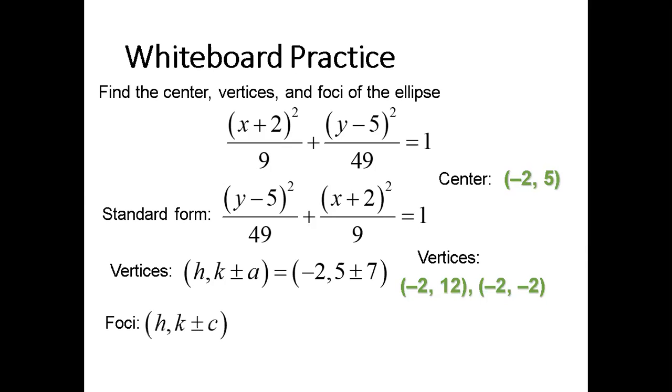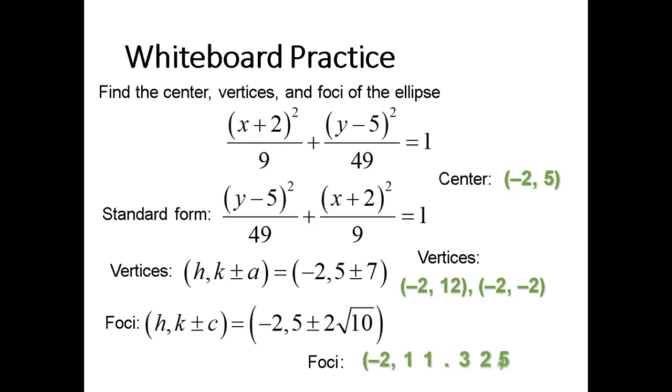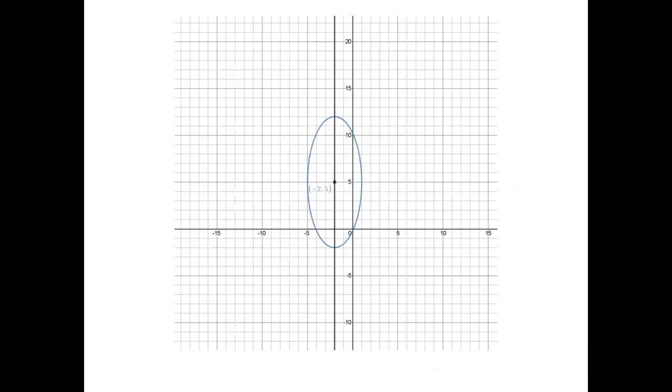We need to find first the value of c before you can solve for that. And once you get the value of c, you can substitute it there. So the foci is negative 2, comma 11.325 and negative 2, comma negative 1.325. So I hope you get the correct answer. And this is the graph of that equation. So amazing.